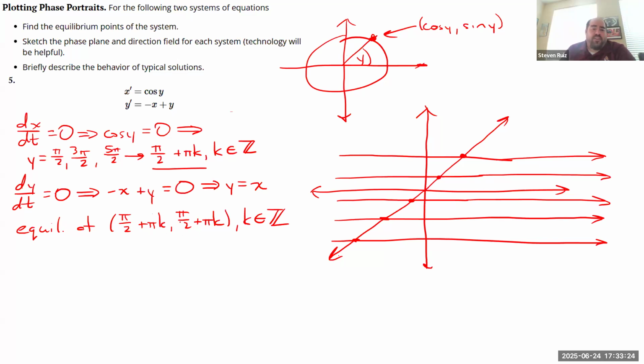And it's really important that I use k both places. I can't do pi over 2 plus 4 pi and pi over 2 plus 3 pi. The XY coordinate has to be identical. So any place that meets that criteria, I'll have equilibrium. So that much I think is fair game to ask you to do by hand.